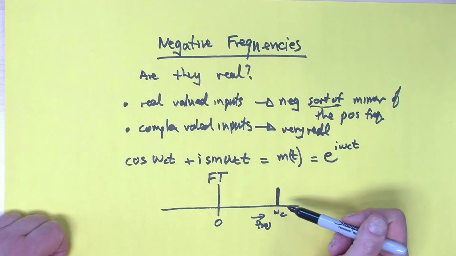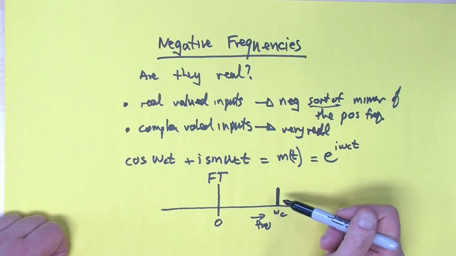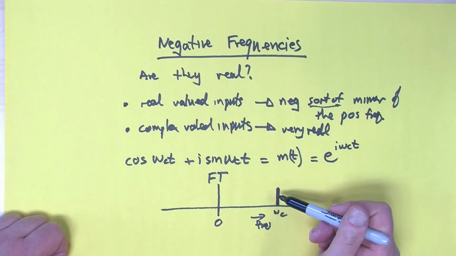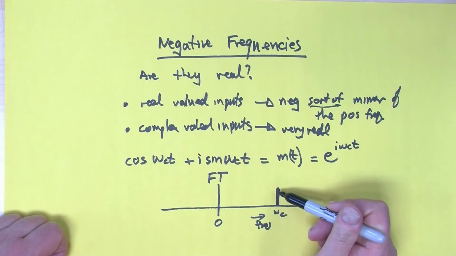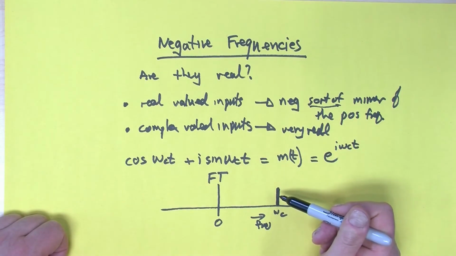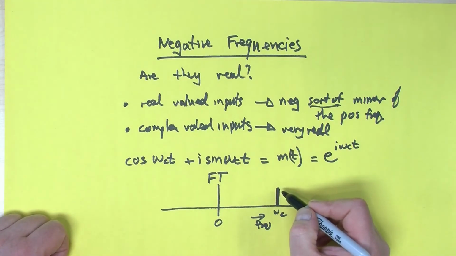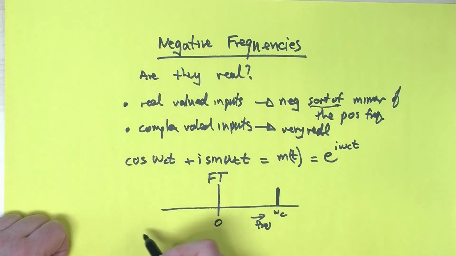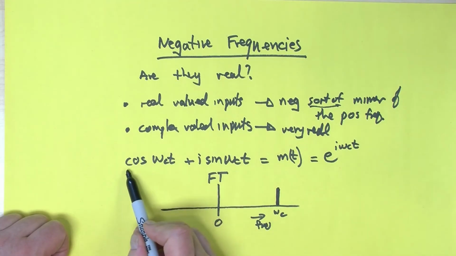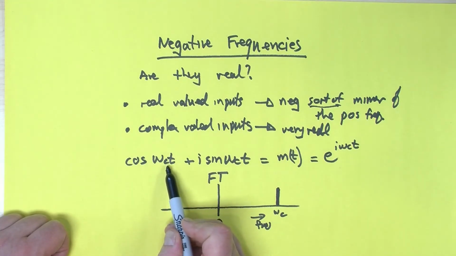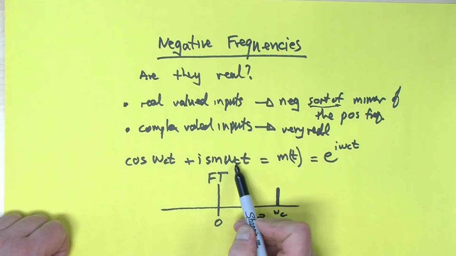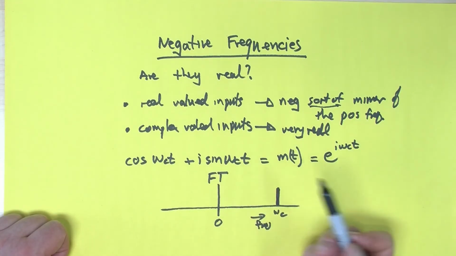Okay, but is that realistic? Well, actually, it does happen in certain situations, and one of those situations is what's known as quadrature amplitude modulation, where you're in fact modulating a radio signal by two separate carriers. One carrier is cos omega c t, and the other carrier is sine omega c t.